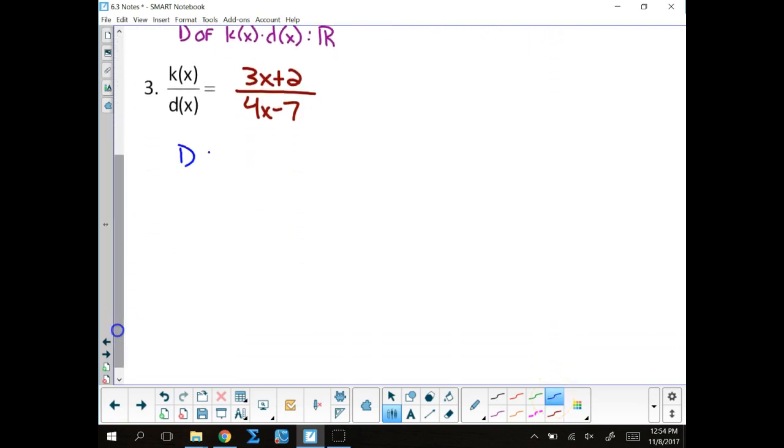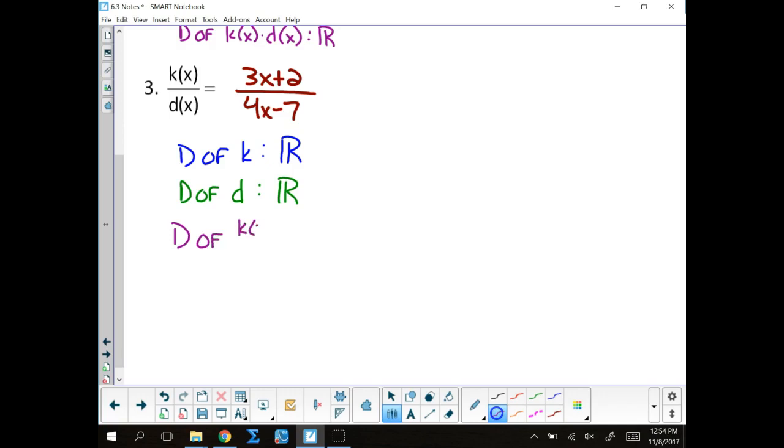The domain of k is still all real numbers. The domain of d is still all real numbers, but the domain now of k of x divided by d of x, now I've got a fraction that I've got to deal with, right?